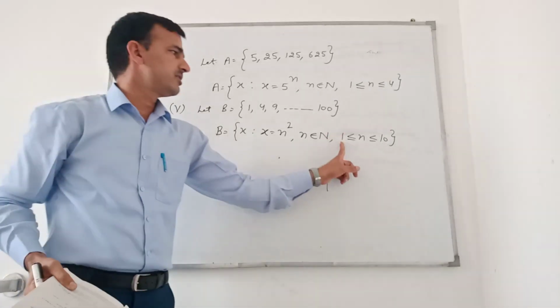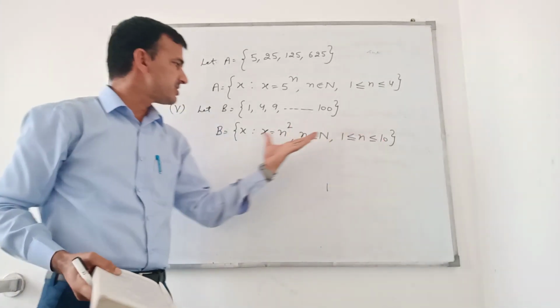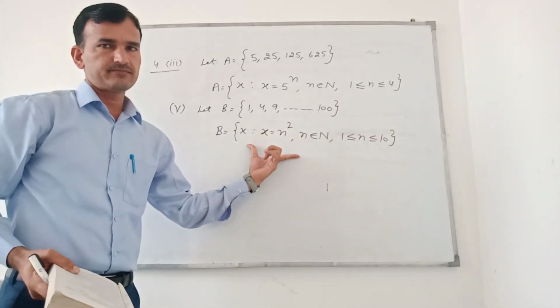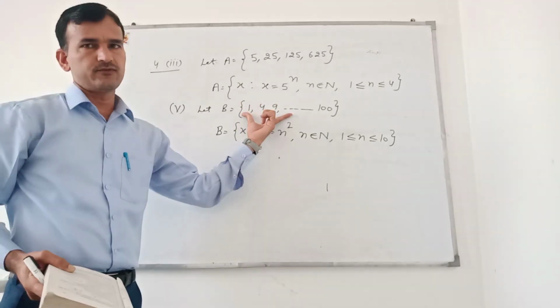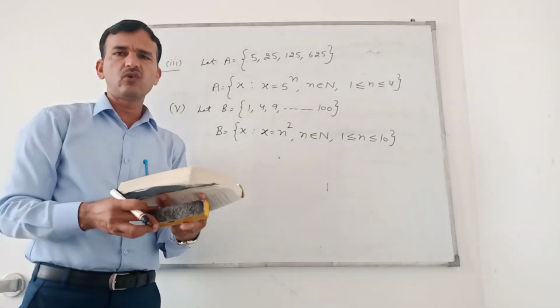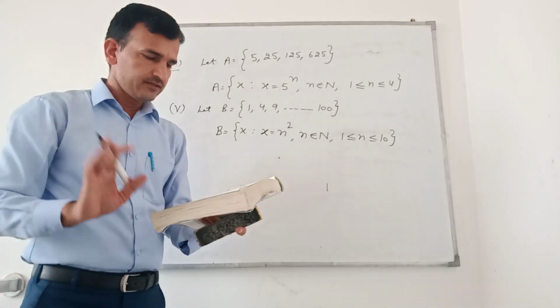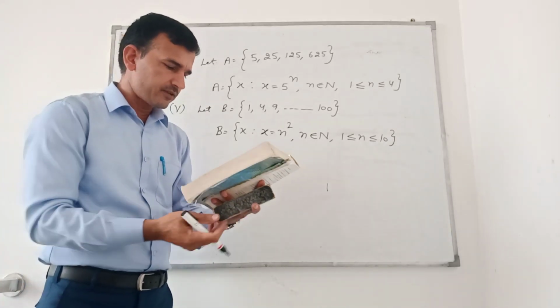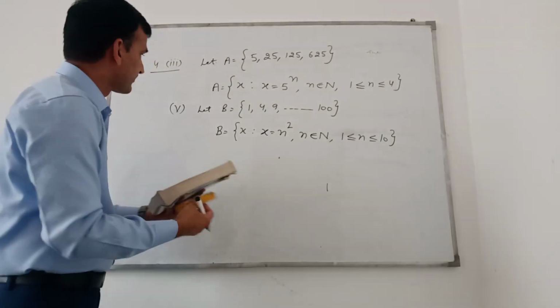This is the set builder form. This is the roster form. Now question number 5, you can solve all the parts of the 4th question. Now we start question number 5, second part.